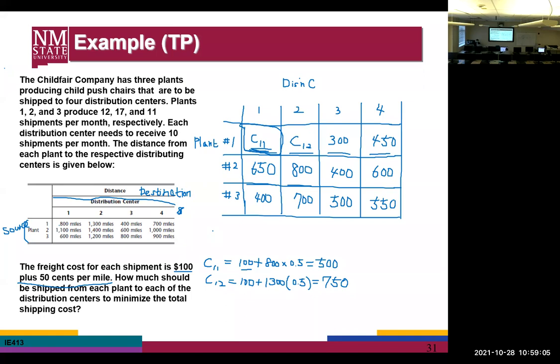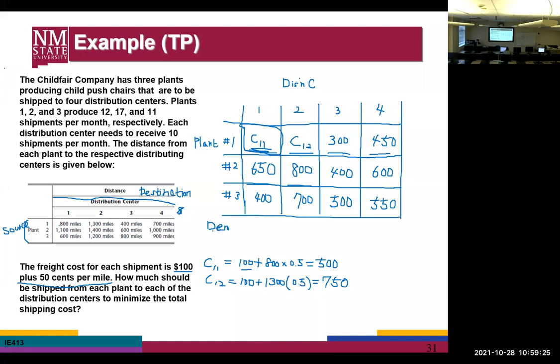Yeah, it's correct. 100 plus 900 times 0.5. Yeah, 500. That's right.